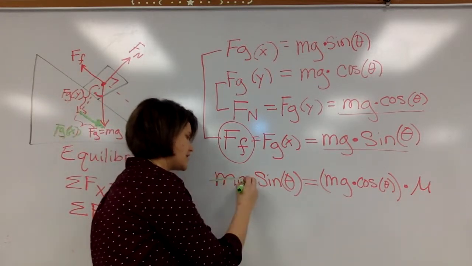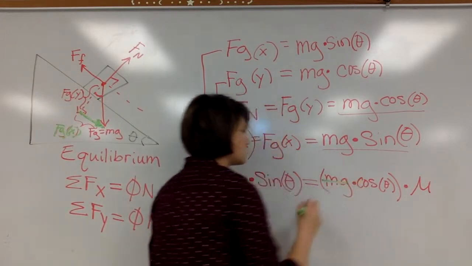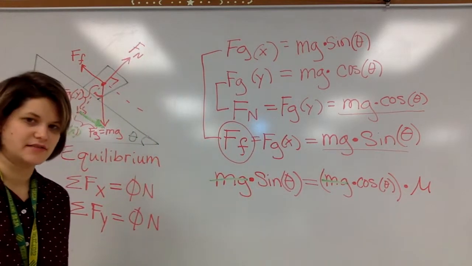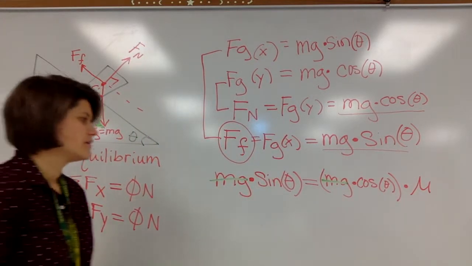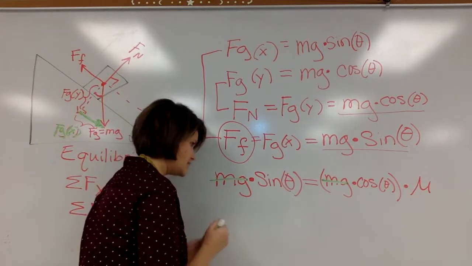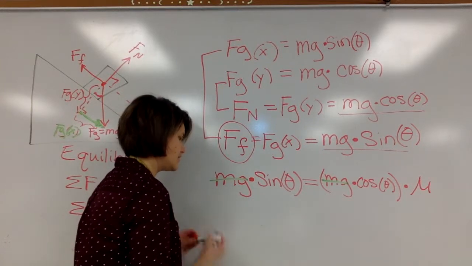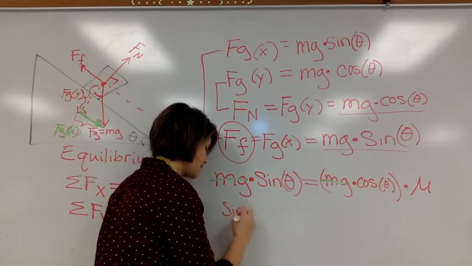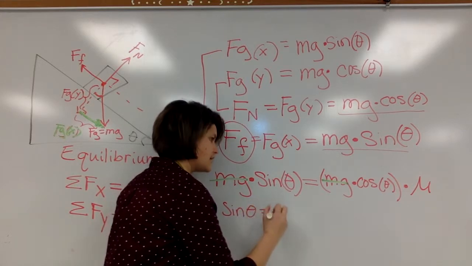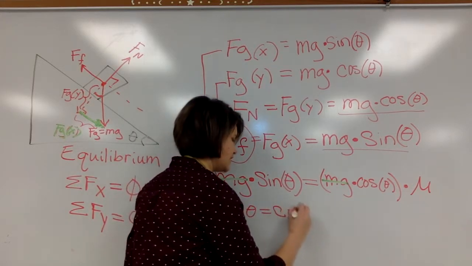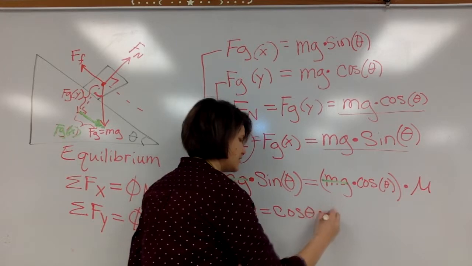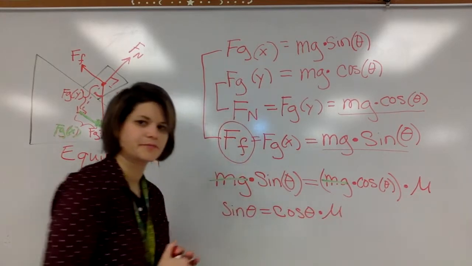Well, I can divide both sides by mg, cancel that out on both sides. And so then I've got sine of theta on one side being equal to the cosine of theta times mu.